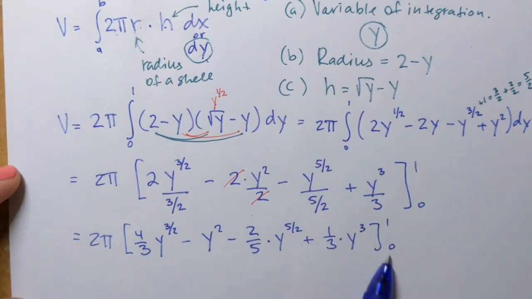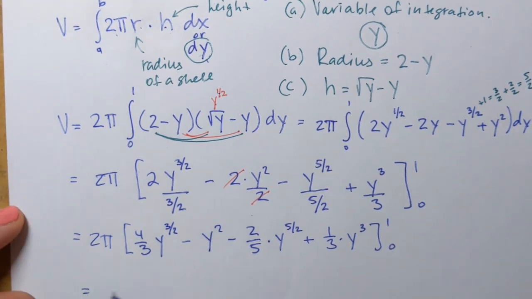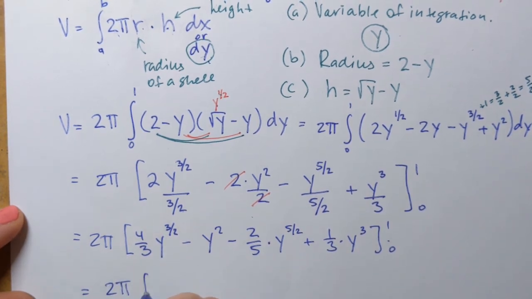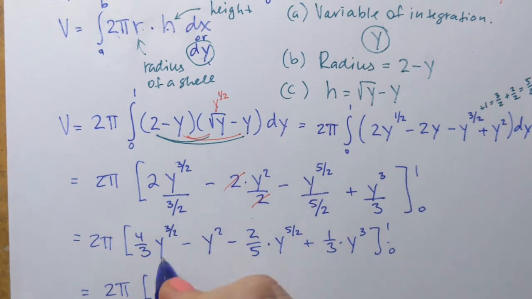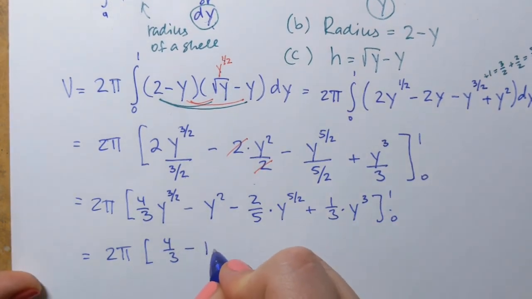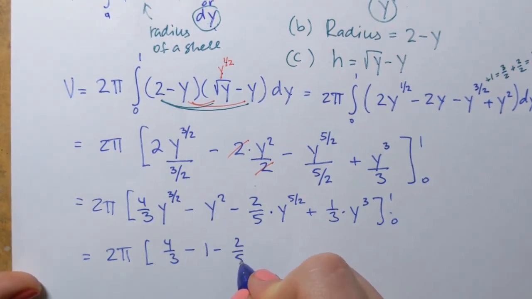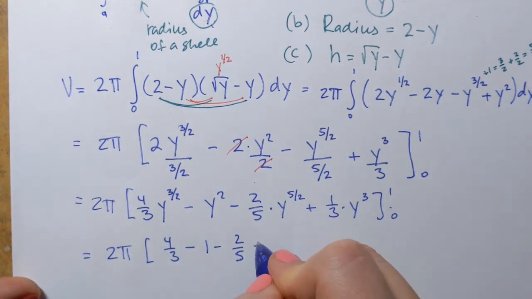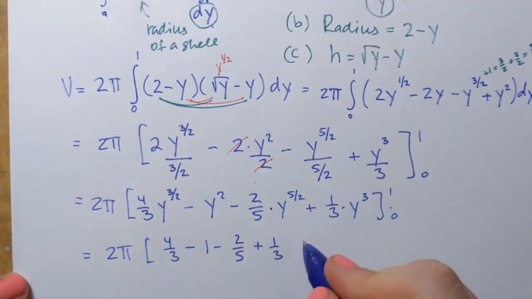Okay, so good news, we have easy numbers to plug in. So when I'm plugging in 1, these are all y's become 1s, right? So I'll just have their coefficients left. 4/3 minus 1 minus 2 over 5, and then here plus 1 over 3.